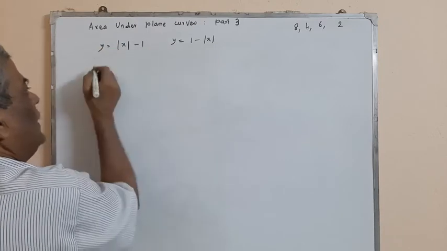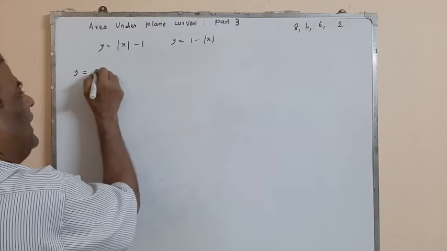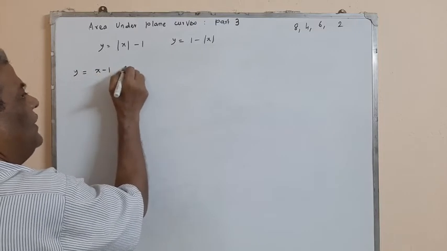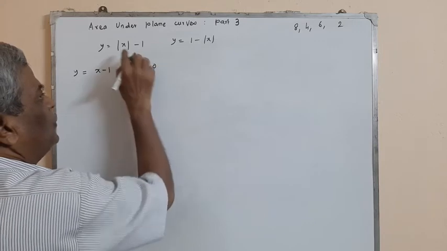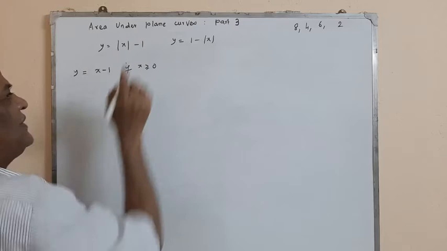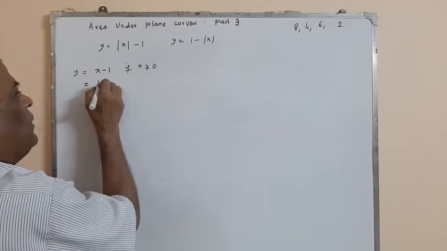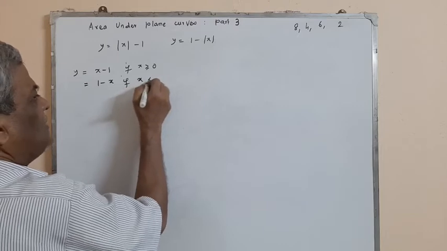The first one is y is equal to x minus 1 if x is greater than or equal to 0, because if x is positive, mod x is x. And it is equal to 1 minus x if x is less than 0.